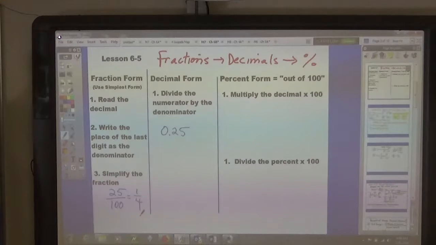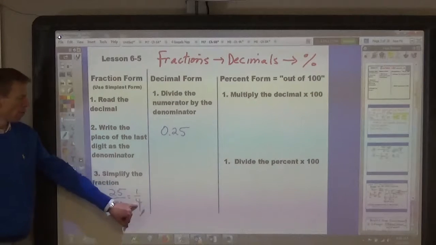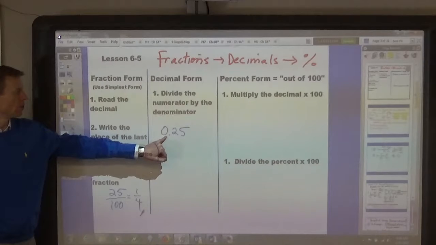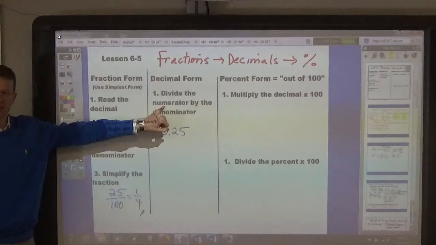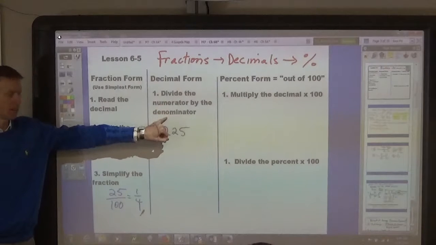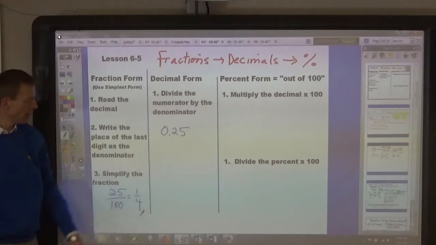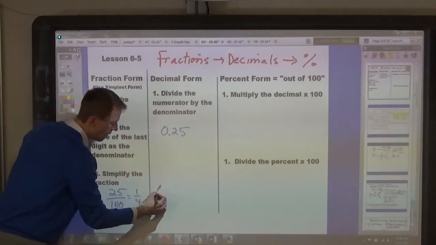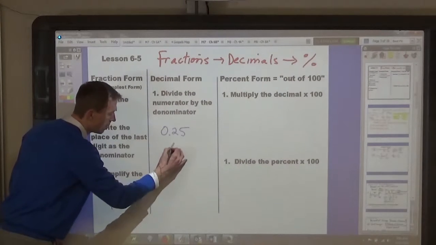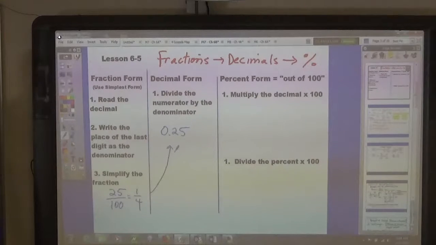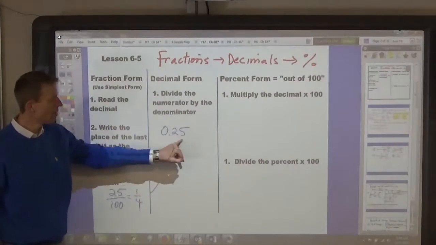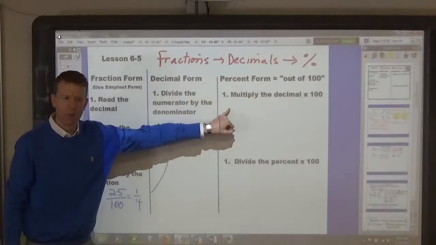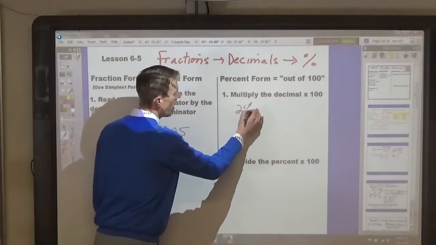Simple enough, right? To go from 1/4 to the decimal, what would you do? Divide the numerator by the denominator. 1 divided by 4 equals 0.25, 25 hundredths. Then to change that to a percent, you multiply the decimal by 100. So it's 25%.